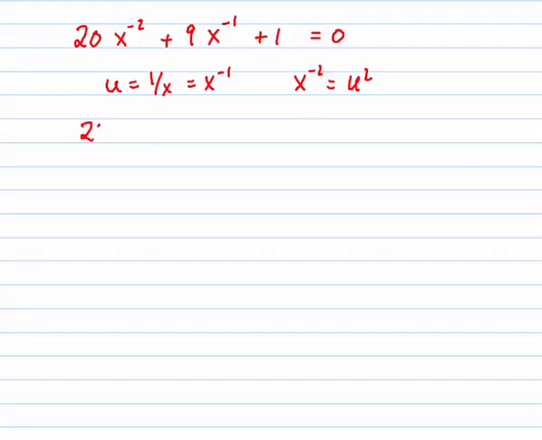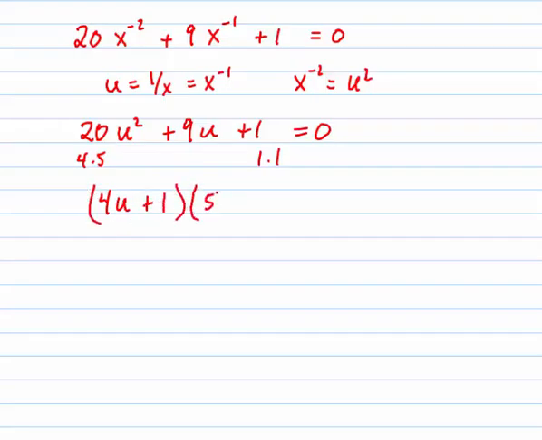So we have 20u squared plus 9u plus 1 is equal to 0. Now we factor this. Well, 4 times 5 add up to 9, and that's just 1 times 1. They're all pluses, so we have 4u plus 1 times 5u plus 1 is equal to 0. You can confirm that's equal to that.